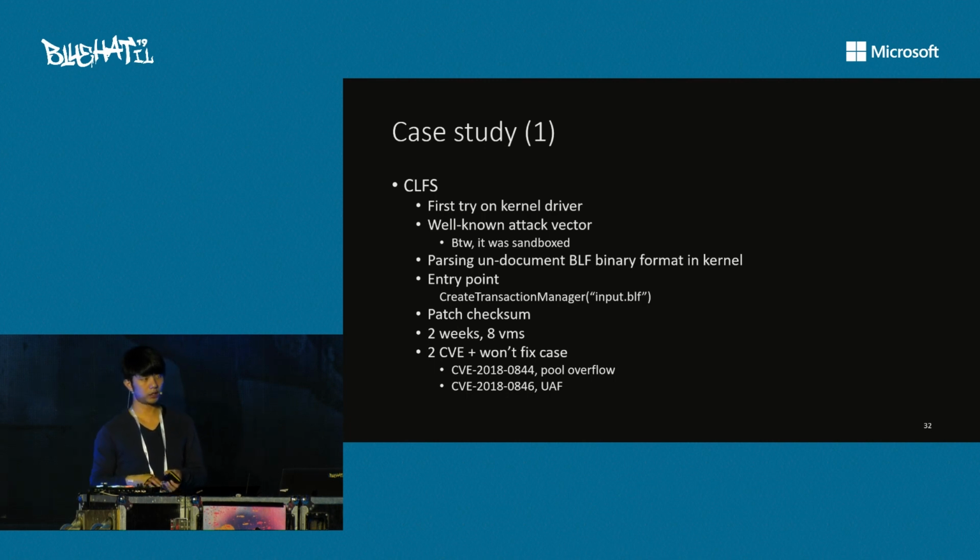And then I applied pe-afl and fuzzed it on 8 virtual machines for about 2 weeks, and finally deduplicated some crashes and sent them to MSRC, and 2 CVEs were assigned. One is a pool overflow, and another one is a use after free. By the way, some of the crash POCs were not fixed. So those cases became the anti-fuzz cases on my fuzzing tool.